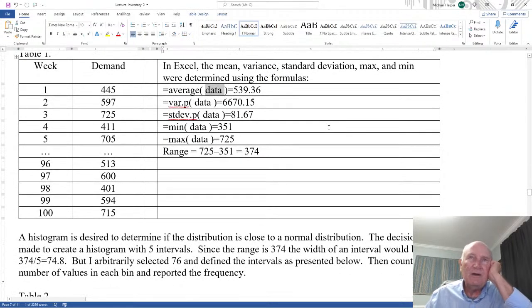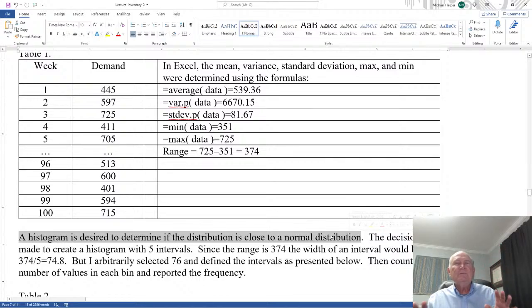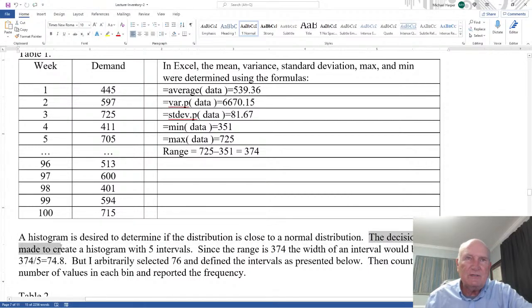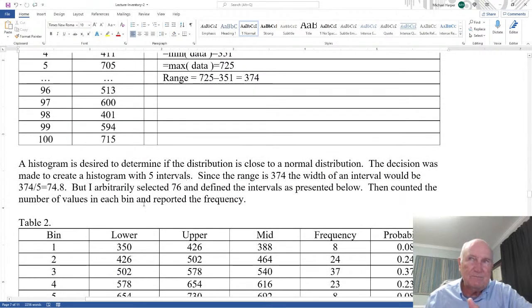Okay. Now, suppose a histogram is desired to determine if the distribution is close to a normal distribution. Now, in this course, at this level, we're not actually trying to do a statistical test on whether it's statistically significantly normally distributed. I would just recommend, from a practical standpoint, if it's relatively symmetric, use the normal distribution. It's close enough. The decision was made to create a histogram with 5 intervals, and this 5 intervals was arbitrary.